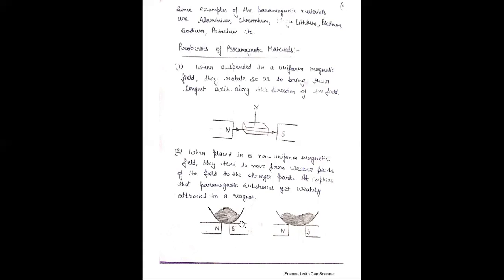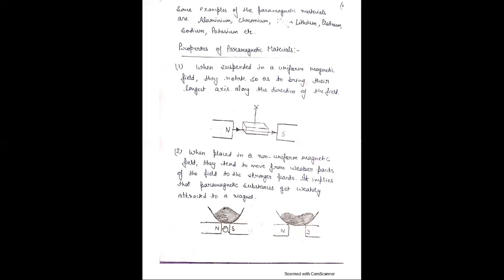At the sides the field is weaker, so the liquid moves from the sides toward the center and accumulates there, because at the center there is a stronger field.